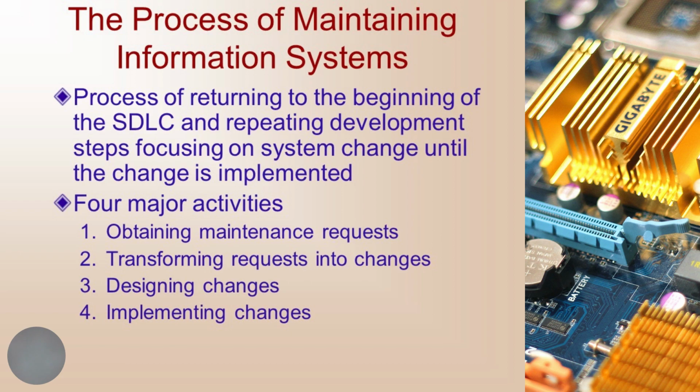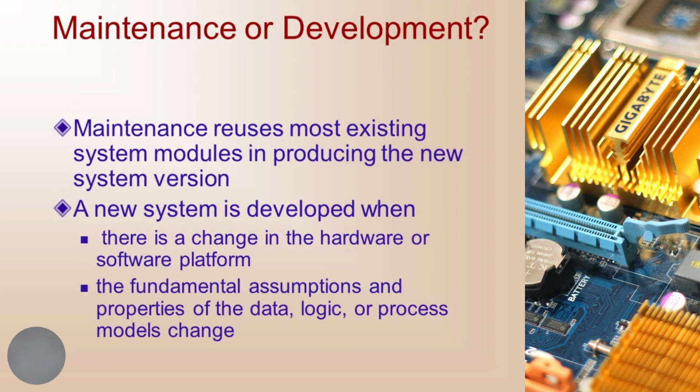The process of maintaining information systems: the process of returning to the beginning of the SDLC and repeating development steps, focusing on system change until the change is implemented. We have four major activities: number one, obtaining maintenance requests; transforming requests into changes; designing changes; and implementing changes.